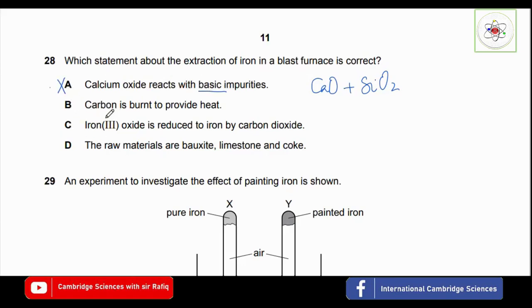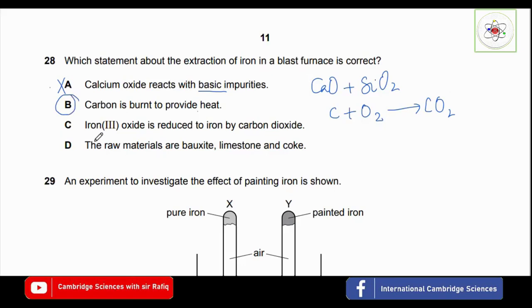So this word makes this statement incorrect. Carbon is burnt to provide heat. Carbon is burnt in excess hot air to form carbon dioxide, which is a highly exothermic reaction, and it provides heat. So it is the correct answer.